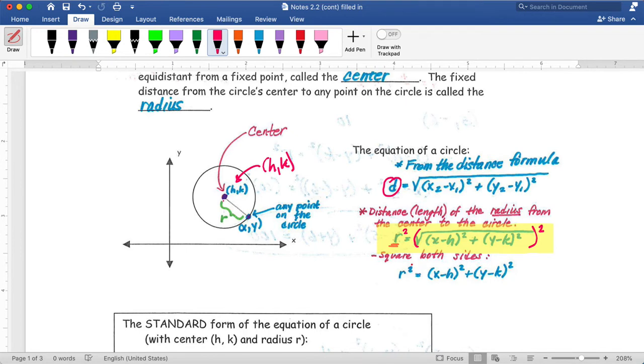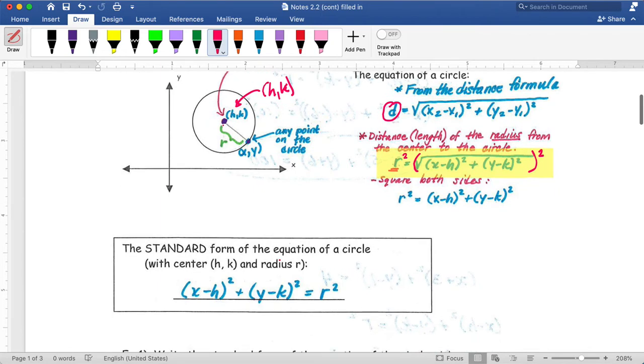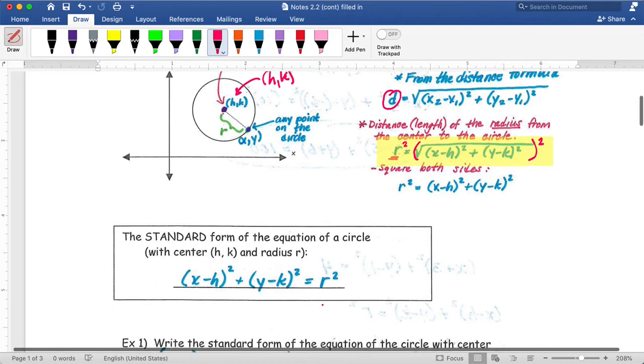And so I end up with this: r squared equals quantity x minus h squared plus quantity y minus k squared. And so the standard form of the equation of a circle with center h, k and radius r is this. When the circle's equation is in this form, it's really easy to pick out the center, and it's really easy to find out what the radius is.